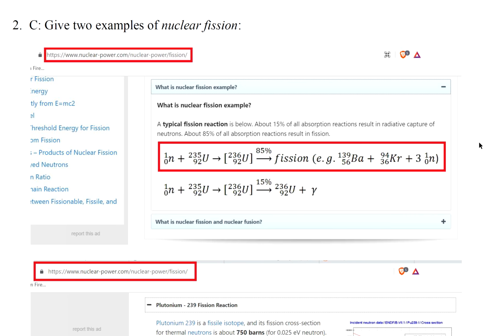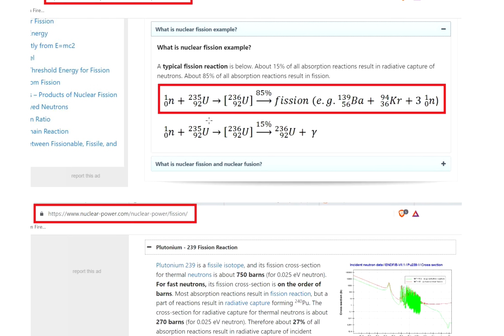And 85% of the time, you're going to get barium plus Kr, which I believe is krypton, plus 3 neutron particles. And 15% of the time you're going to get uranium-236 plus a gamma ray.